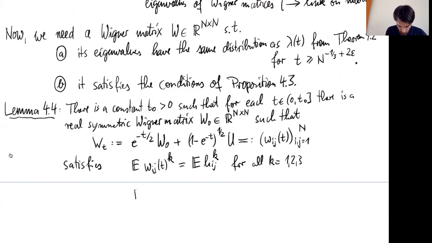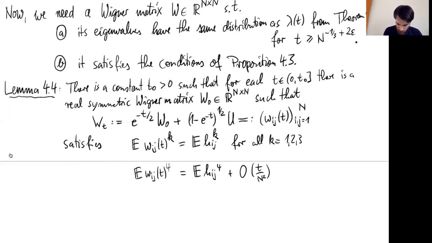For the 4th moment, we don't get that they match, but at least that they are close, namely Hij to the 4 plus something of order t over n squared, for all i and j.